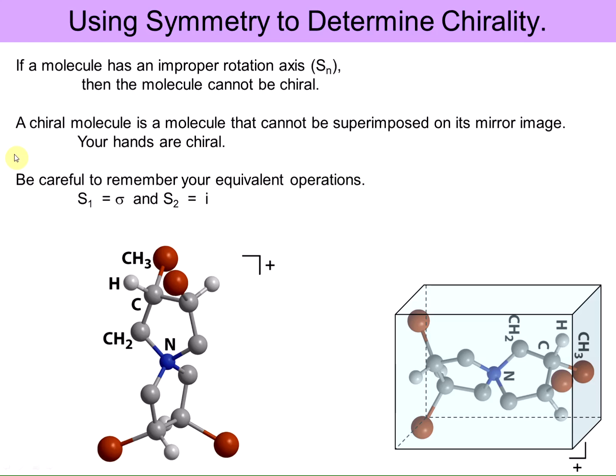Now, as you're looking to determine whether or not something is chiral, you need to remember the special cases of the S1 and the S2. An S1 is equivalent to a mirror plane, and an S2 is equivalent to an inversion center. So if you find an inversion center or a mirror plane, then the molecule cannot be chiral.